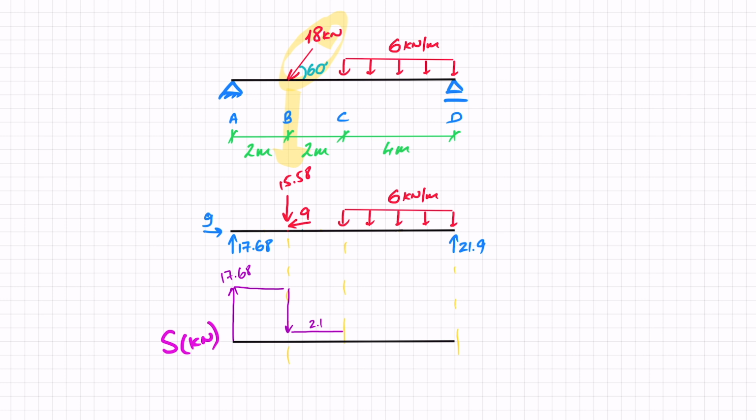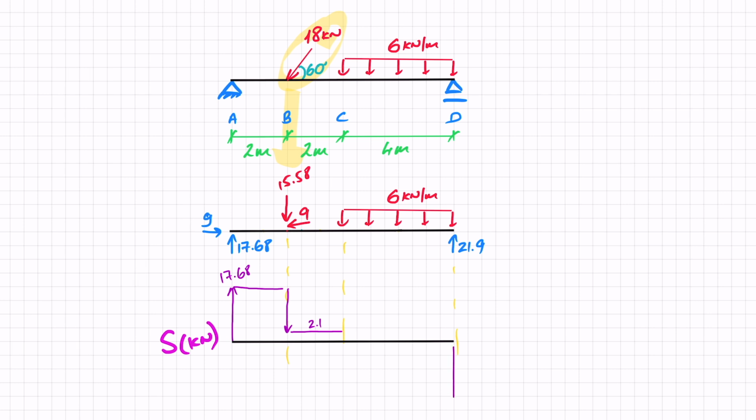And then at the UDL, I now have a linear line. Now, once again, I know that I'm going to have to end on this 21.9. I know that it's going to be a linear line between this point, and I can just draw it in. Positive, positive, and negative according to my sign convention.